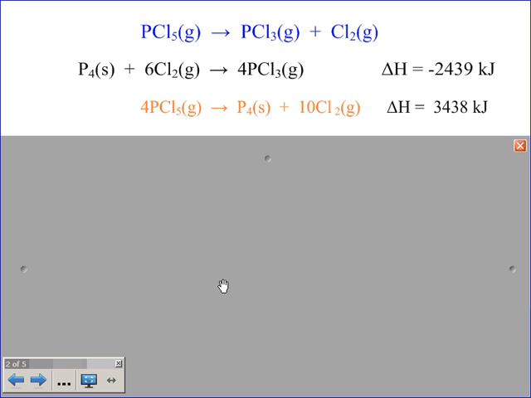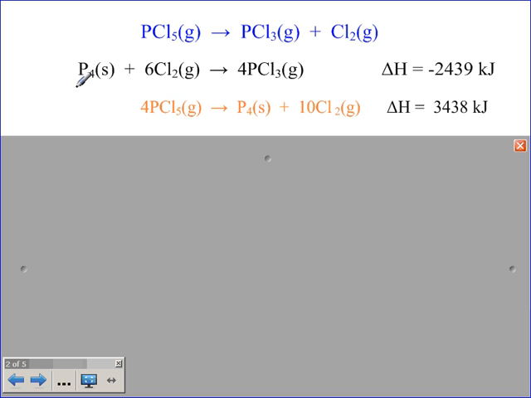So the first problem on your sheet looks like this. I've added some color coding to keep things clear, but we have a target reaction, PCl5 reacting to form PCl3 plus Cl2. We need to find the enthalpy change for our target reaction. We're given two reactions.